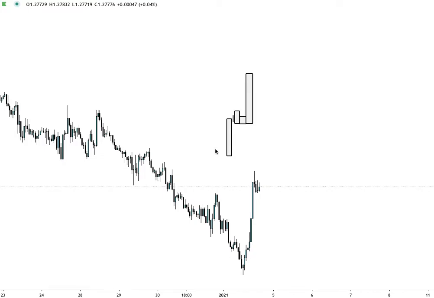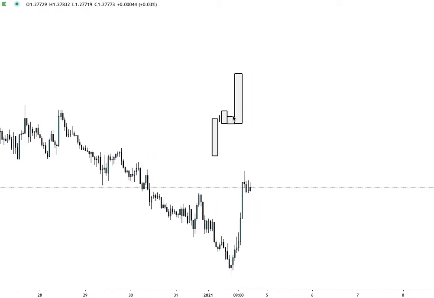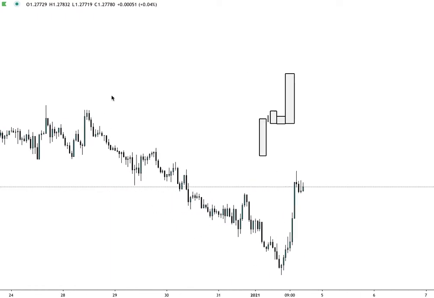Okay, let's talk more about the base, right? Now, the base, whether it be a rally base rally or a drop base rally, is made up of less than 50% candles, basically basing candles. What is a less than 50% candle?